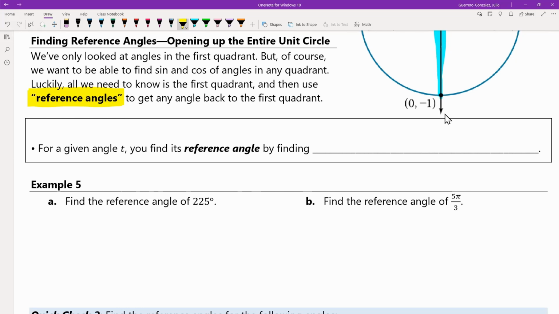So to find a reference angle for a particular angle, we find the corresponding angle t that lands in Q1.